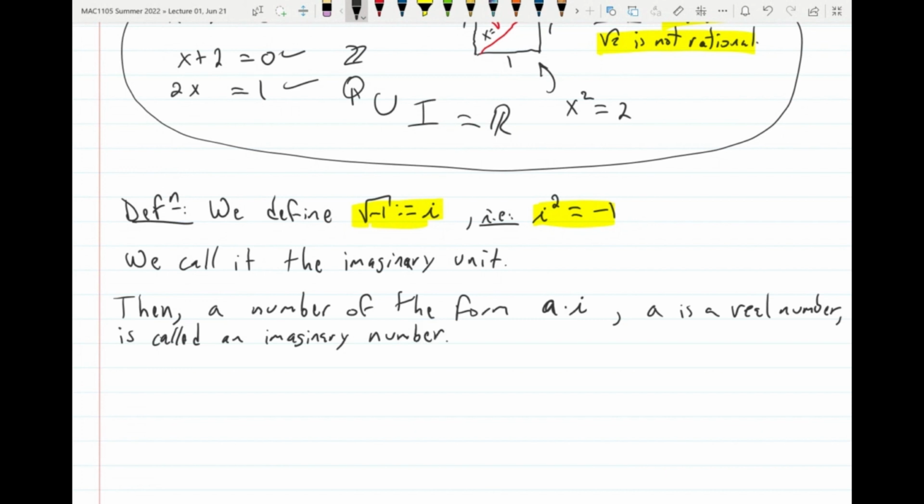So we can make sense of 3i, 4i, 2i, -3i, etc.